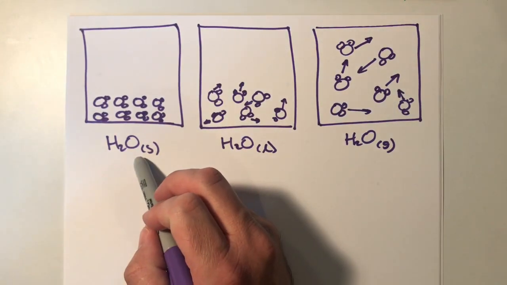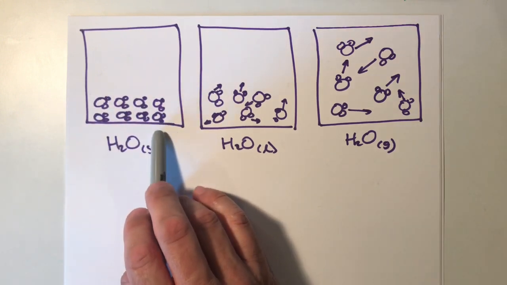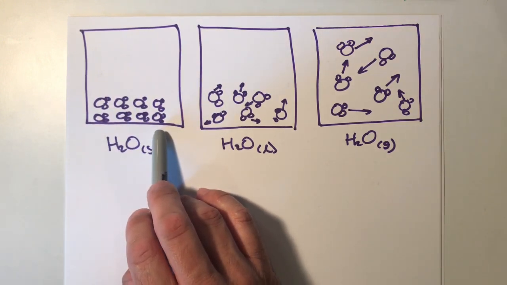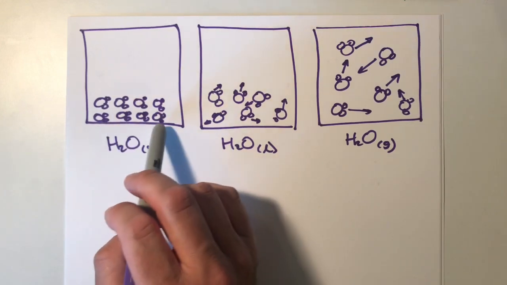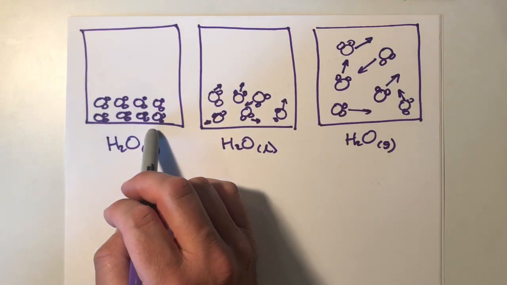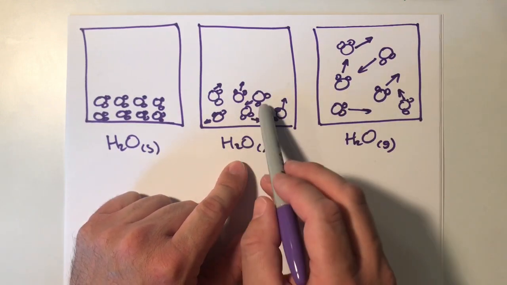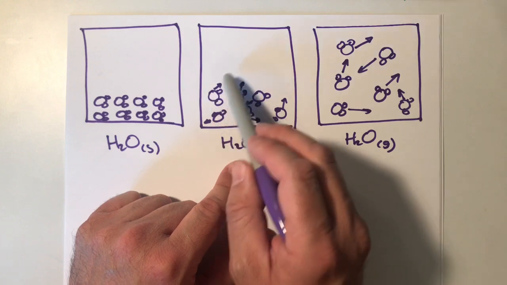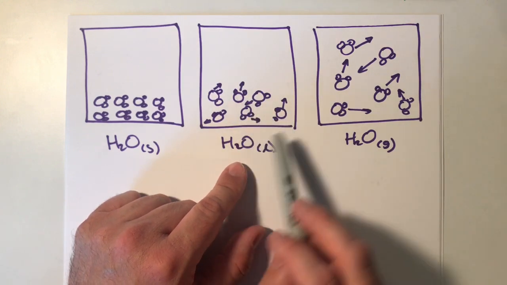In the solid state, we have a nice ordered lattice of water molecules. This is a kind of crummy drawing of the lattice, but whatever. So the water molecules are trapped in one position. In the liquid, they're a little farther apart, not much, but enough to allow them to move past one another. So I've drawn arrows to indicate possible movements and possible speeds for them.